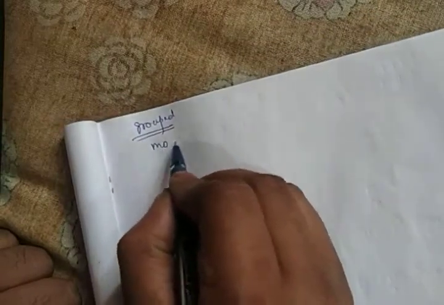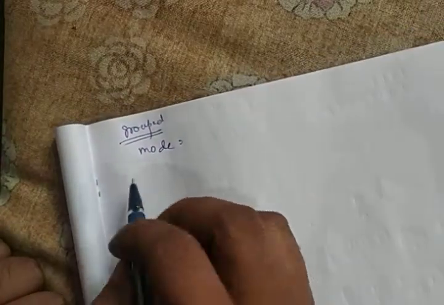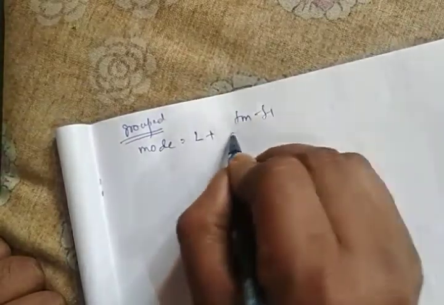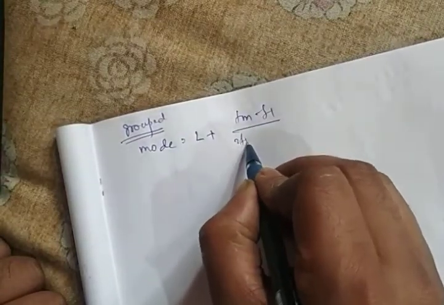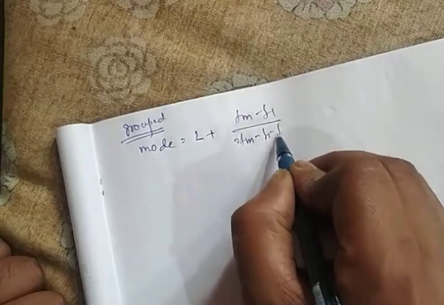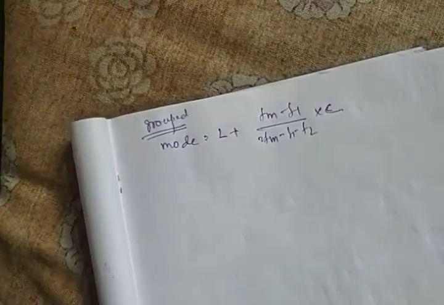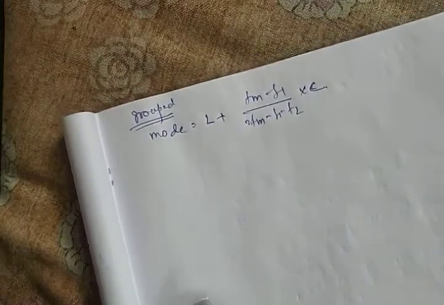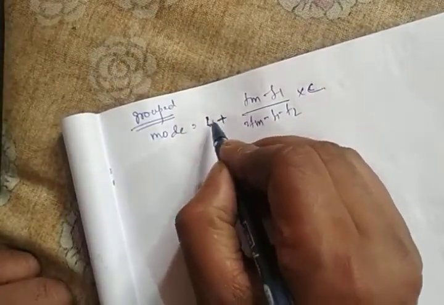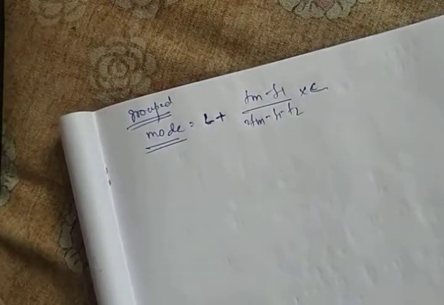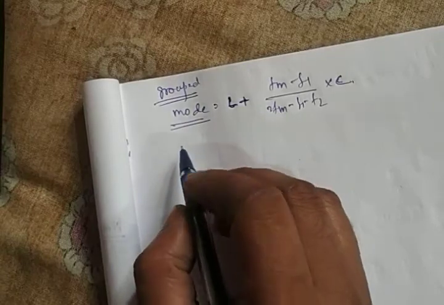There is a formula to calculate the mode for a group frequency distribution, which is L plus (Fm minus F1) divided by (2Fm minus F1 minus F2), into C. To calculate the mode of a group frequency distribution, first we have to find the modal class.